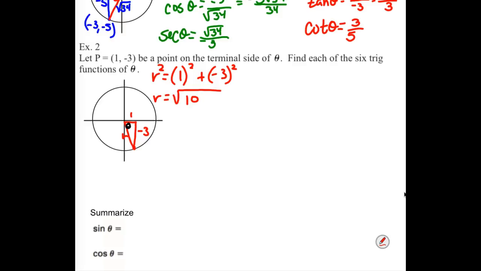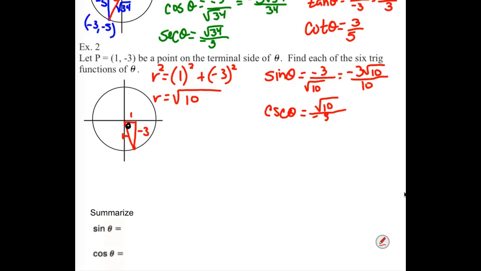All right. Sine and cosecant go together. So the sine would be opposite over hypotenuse. So -3 divided by the square root of 10. Rationalizing, we'd have -3 root 10 divided by 10. The cosecant is the reciprocal of sine, so the square root of 10 divided by -3. All right, cosine.